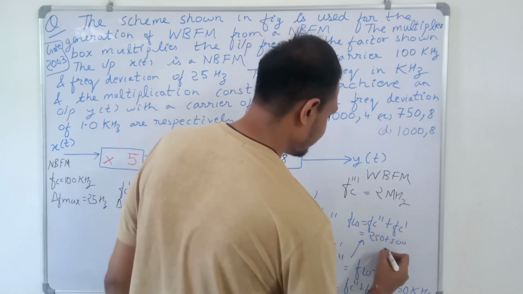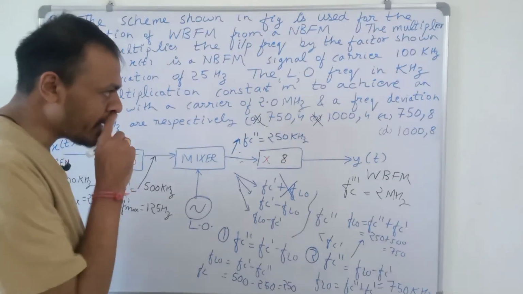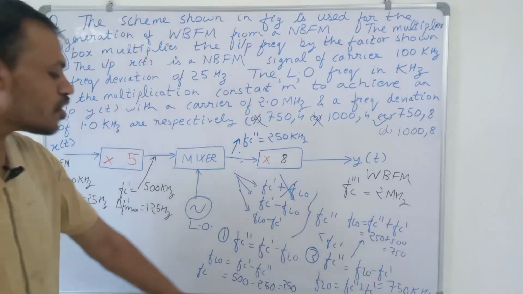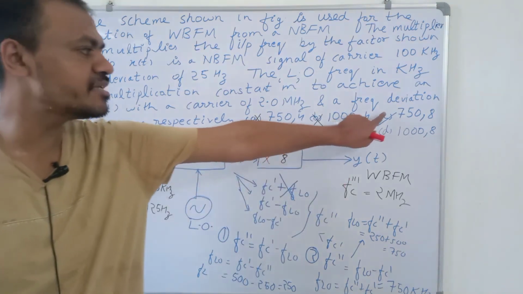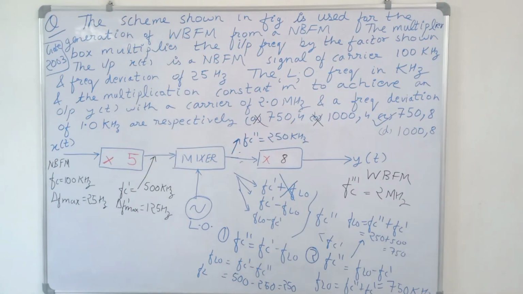So this gives 750 kilohertz. So 750 kilohertz is the correct answer. We also got 250 kilohertz, but it was not in the options. So the correct option is option C, 750, 8. So option C is the correct answer.